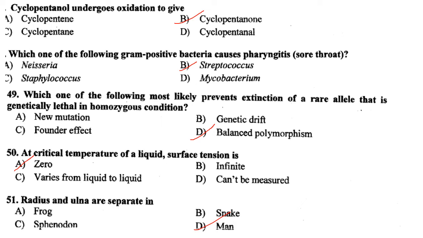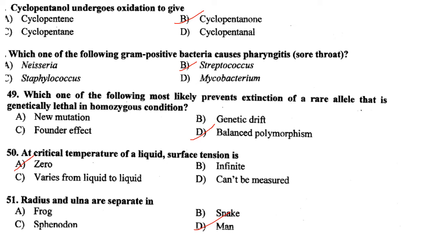Which one of the following most likely prevents extinction of a rare allele that is genetically lethal in homozygous condition? So what is balanced polymorphism? It is a situation in which two different versions of genes are maintained in a population of organism because individuals carrying both the versions are better able to survive than those whose two copies of either version alone.